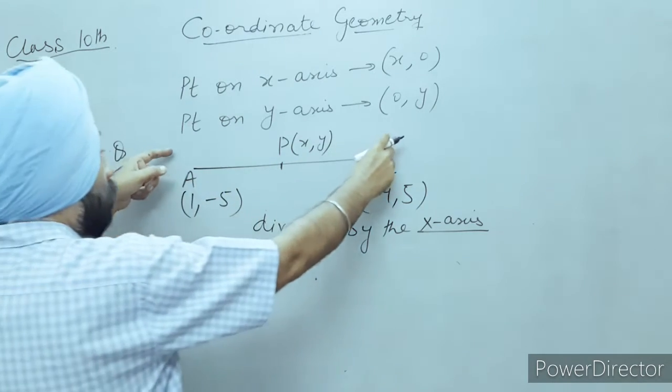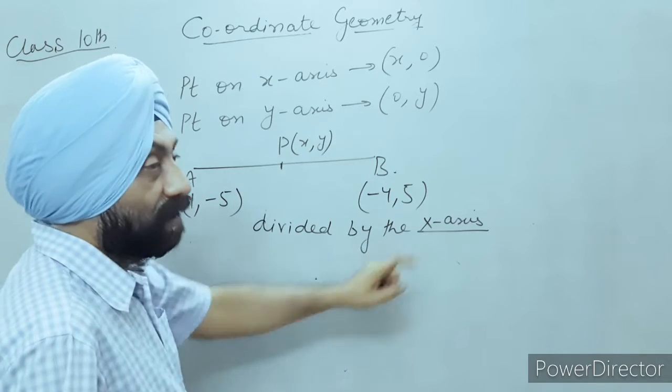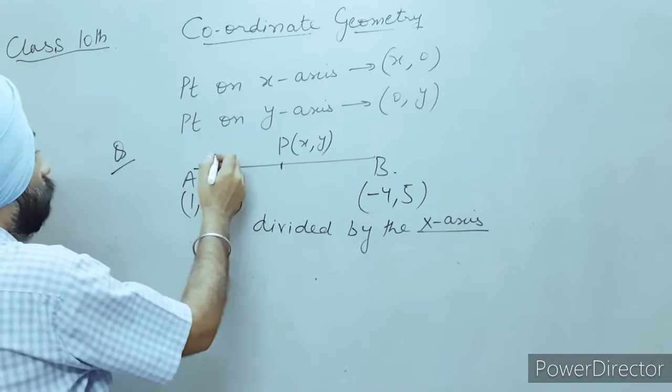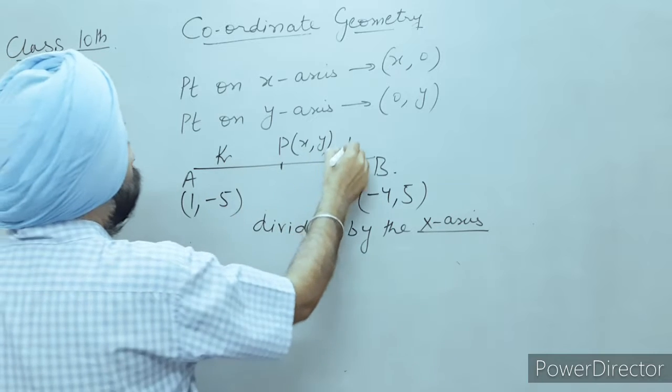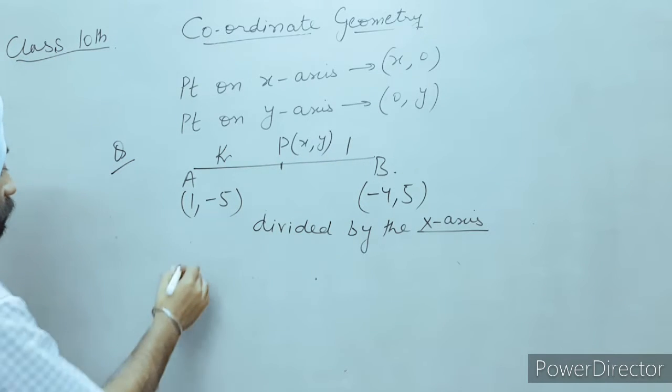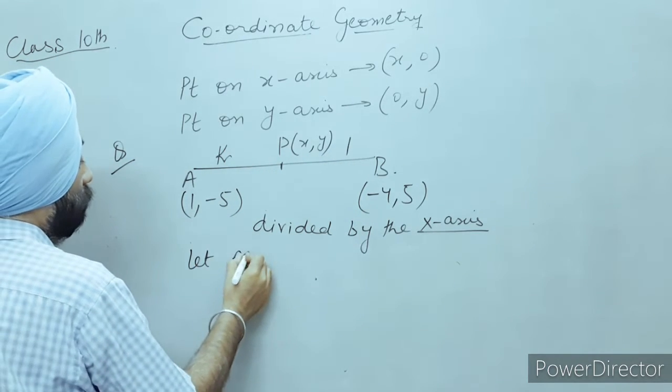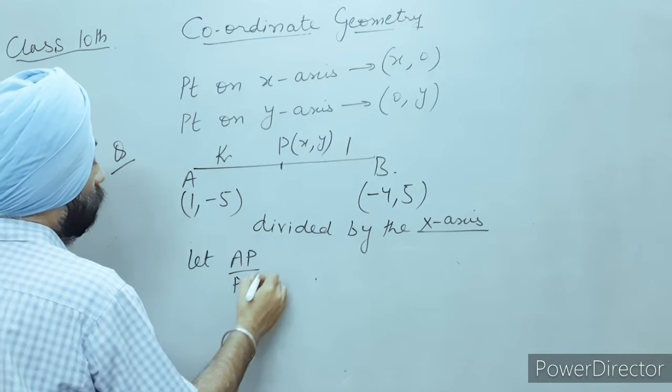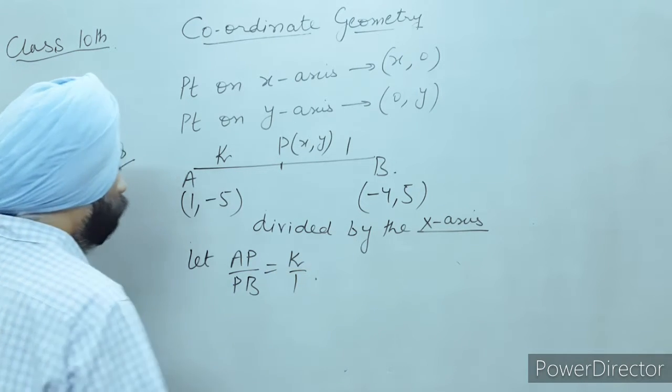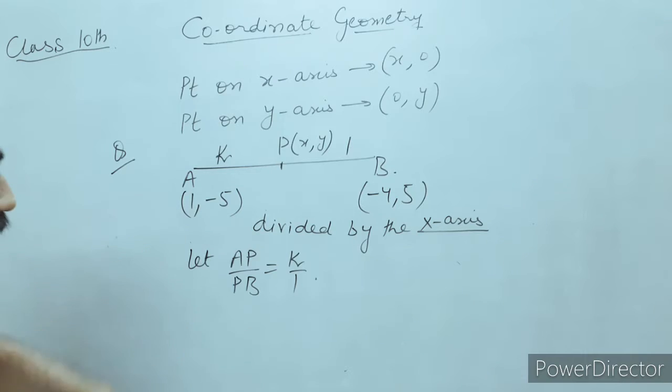Now the join of AB is divided by which axis? X-axis. Now again let the ratio be k ratio 1, let AP upon PB be k ratio 1. Now apply the section formula.